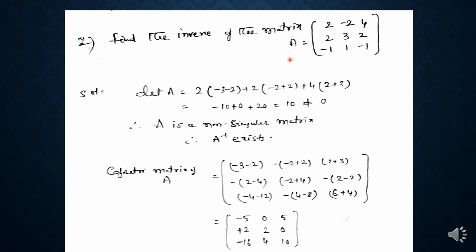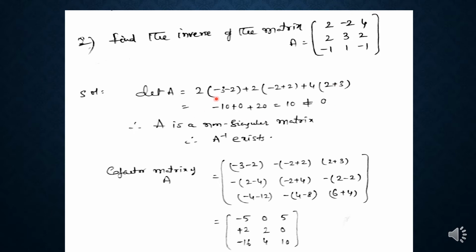Minus of minus 2 means plus 2 into, by deleting the column and row, we will get 2, 2, minus 1, minus 1. That is minus 1 into 2, minus 2. Minus of minus 2 is plus 2. Minus 2 plus 2 plus 4 into 1 into 2, 2, minus of minus 3, that is 2 plus 3.